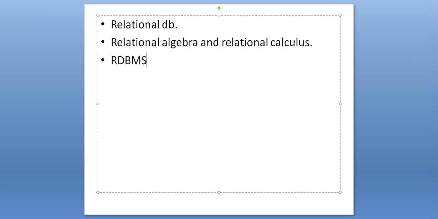The first commercially available RDBMS is Oracle. From here you can understand that MySQL and all these are RDBMS, because they use the database representation of the relational database. That's why they are known as relational database management systems.